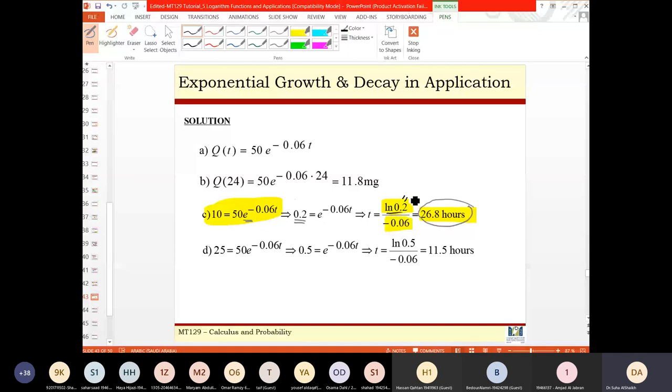What is it? It is minus 1.6. Good, correct. It's minus 1.6. Divide it by minus 0.06 and I get 26.8. Yeah, good. The ln of a decimal is always negative. It must be.